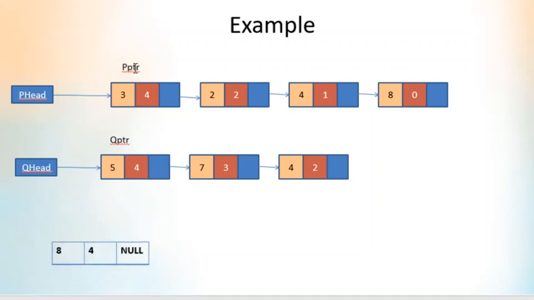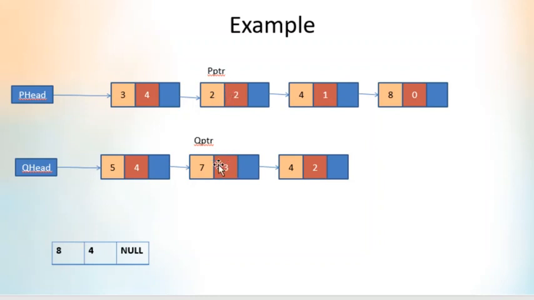Now the addition operation is over, so we can move the p pointer to the next node, and move the q pointer to the next node. Now compare these two exponents, p pointer exponent and q pointer exponent. Here we can see p pointer exponent is 2 and q pointer exponent is 3. So we cannot perform an addition operation.